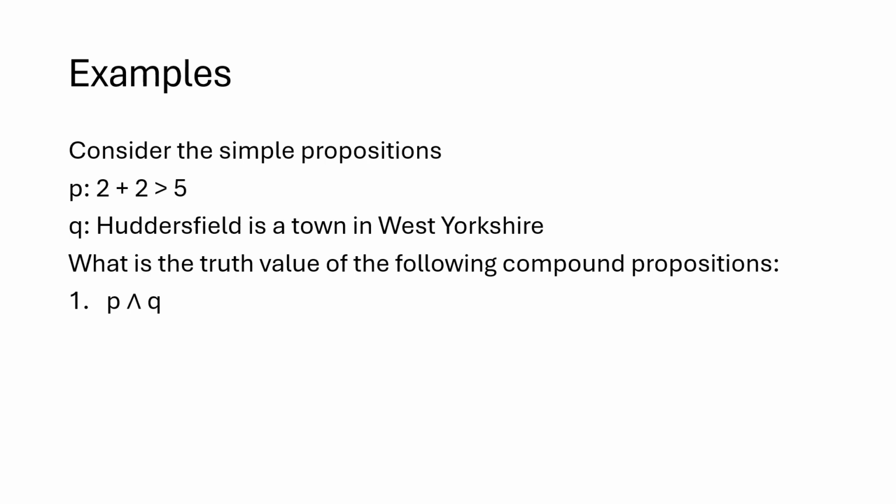Now, if you remember, to be able to know this, we need to know the truth value of P and Q. Obviously, the first one, 2 plus 2 is greater than 5, is a false statement because 4 is not greater than 5. And then if you look at the map, you'll see that Huddersfield is actually in West Yorkshire, so this is true. So here what we have is false and true. And we know that for conjunction to be true, both of these components must be true. And in this case, that's not the case. So this is false.